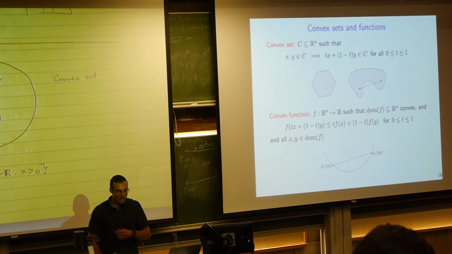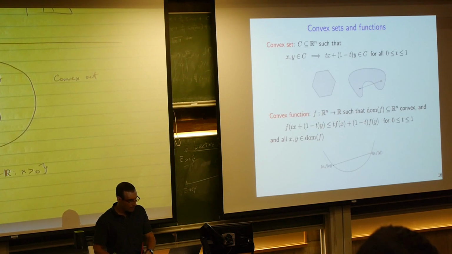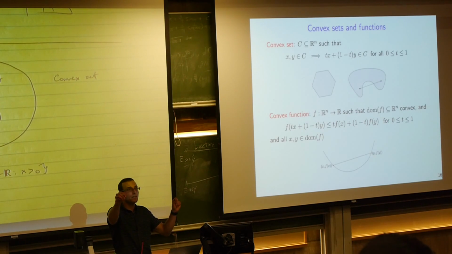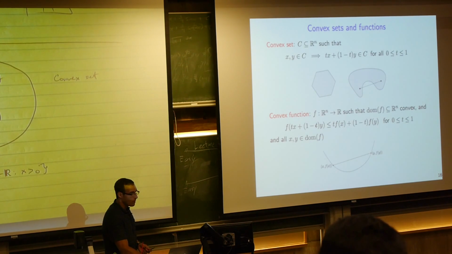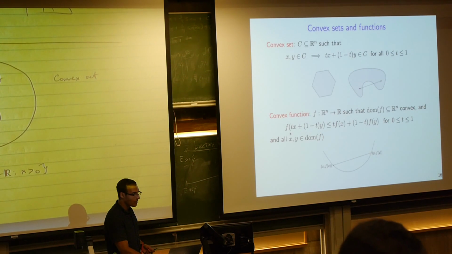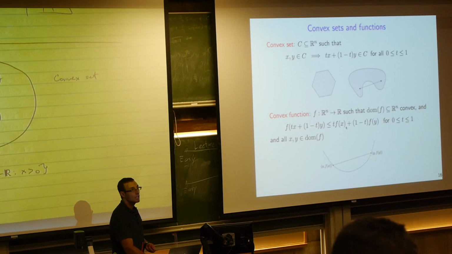It must be the case that the function evaluated at any 2 points lies below the line segment joining those 2 points. Mathematically, if we take our function and evaluate it at tx plus (1 minus t)y, that must lie below t times f of x plus (1 minus t) times f of y for all t between 0 and 1. So there's a picture.